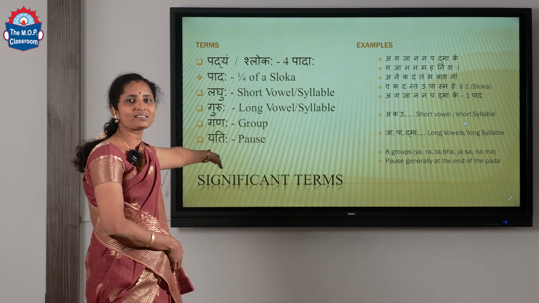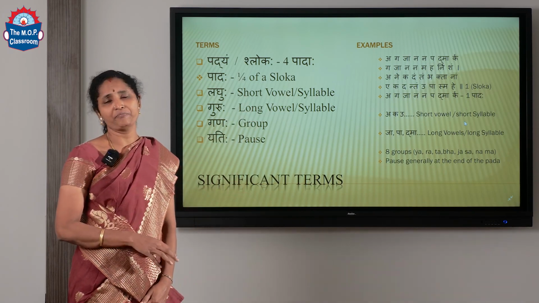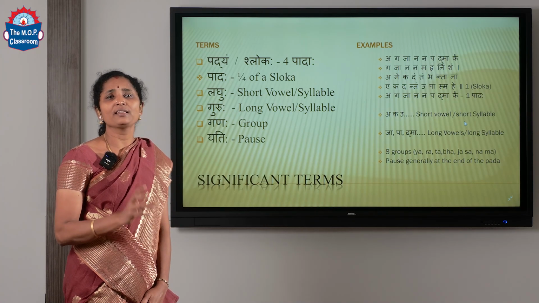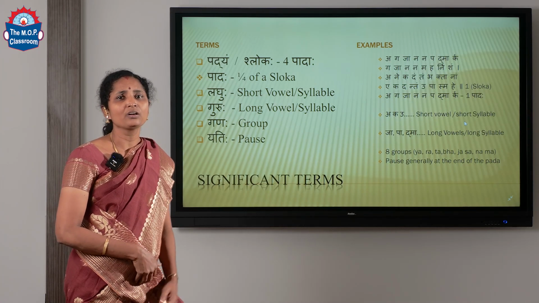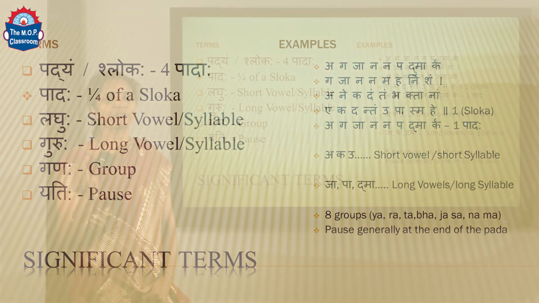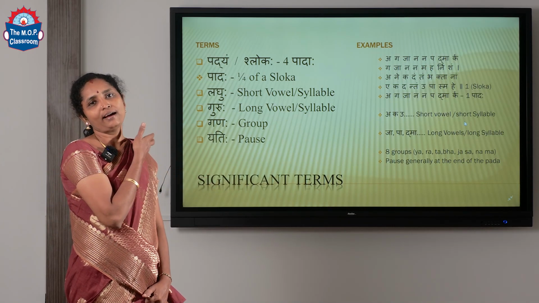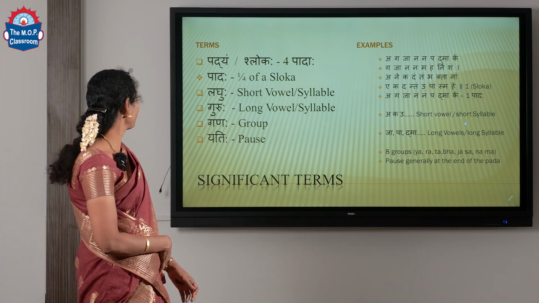That is called Ganaha. The Ganas are 8 in number: Yaganam, Raganam, Taganam, Bhaganam, Jaganam, Saganam, Naganam and Maganam. What combination makes these Ganas, we will see in the next class.